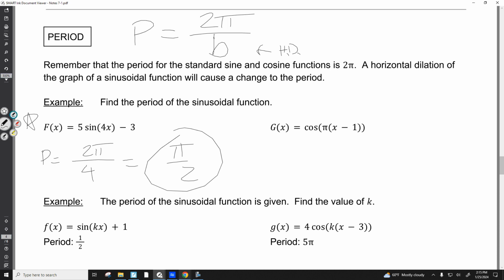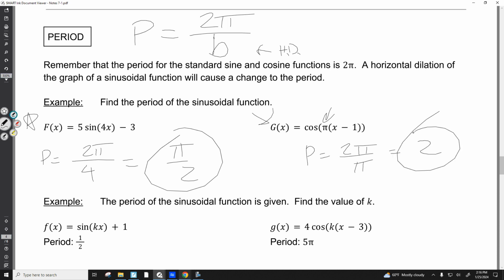You take your normal period, when you go around the circle and you start repeating, you do the dilation, divide by b. What is the period of g? Take your normal period, dilate it by a factor of 1 over pi, 2 pi over b. You get your period of 2.